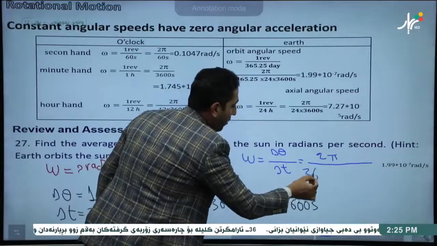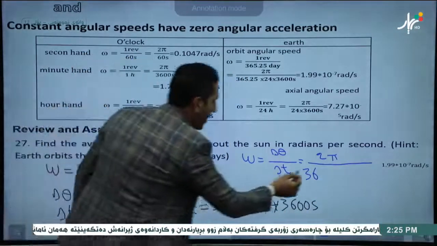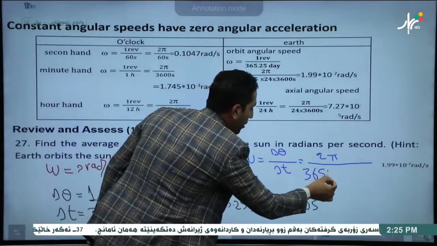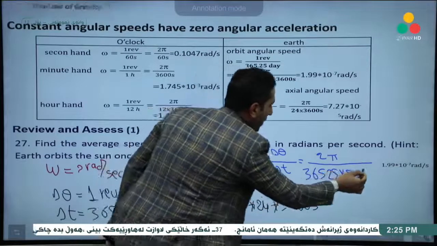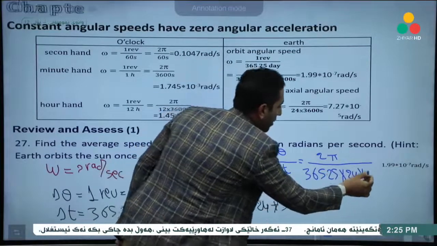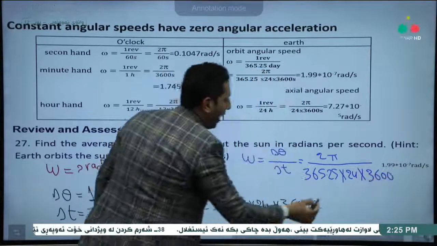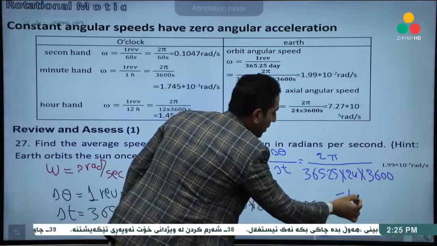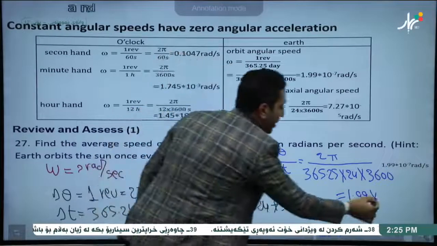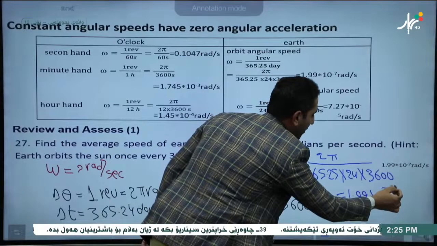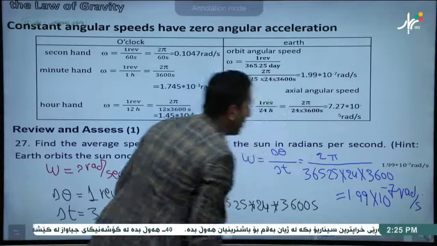Over 365.25 times 24 hours times 3,600, and it is equal to 1.99 times 10 to the power negative 7 rad per second.